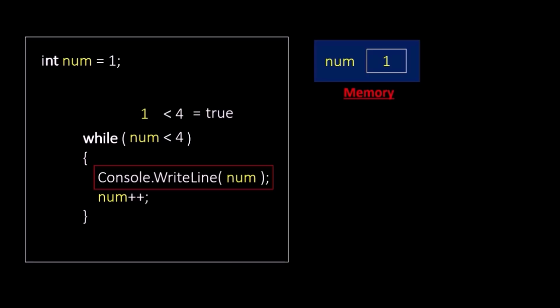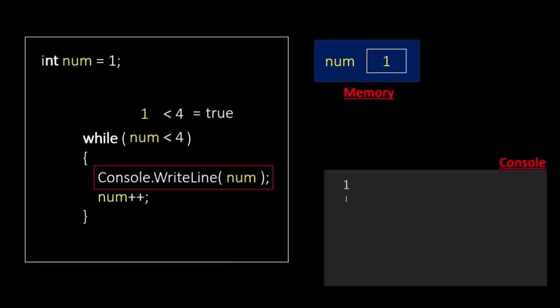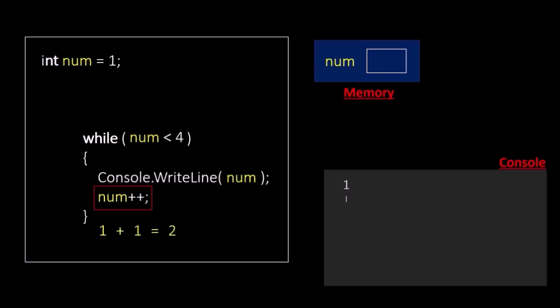The statement Console.WriteLine prints the value 1, the current value of num, to the console and moves to a new line. Then, the statement num++ is executed, which increases the value of the variable num by 1. This means 1 plus 1 equals 2, so the new value of num becomes 2.